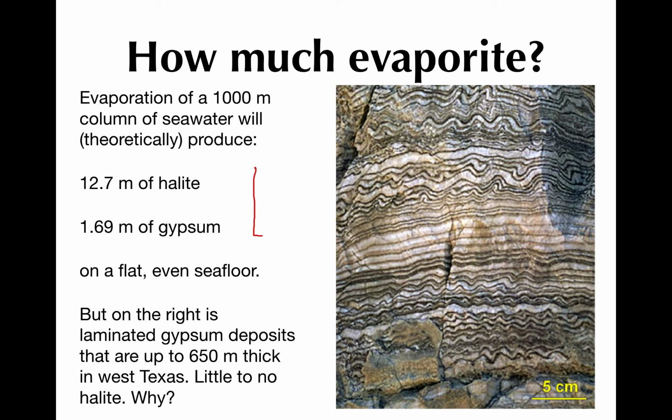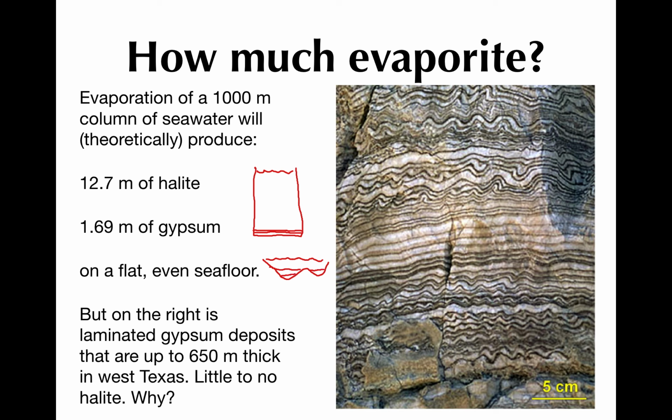So if we had a container like this with 1,000 meters of water in it, we'll get deposits of those thicknesses on the bottom. Now, if the bottom is uneven, like this, then as we draw down the water column, it'll separate out into pools.